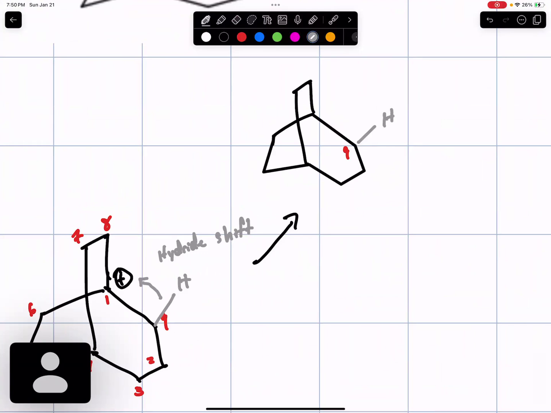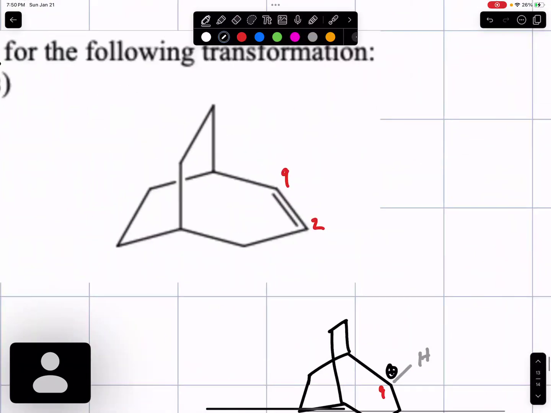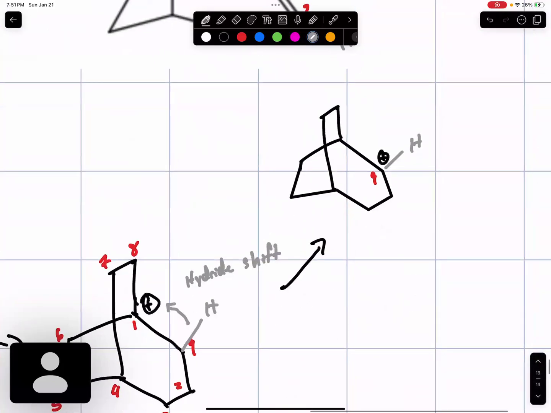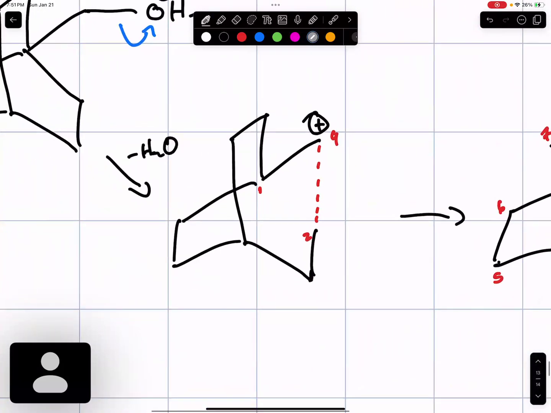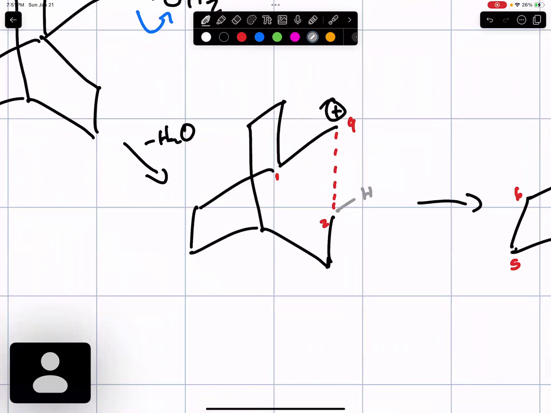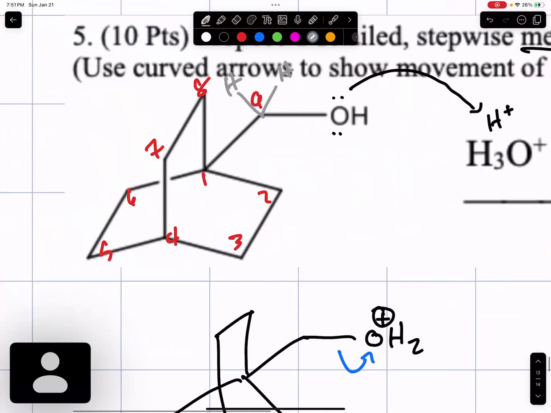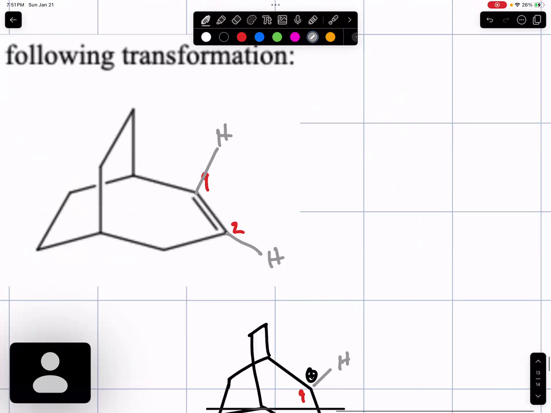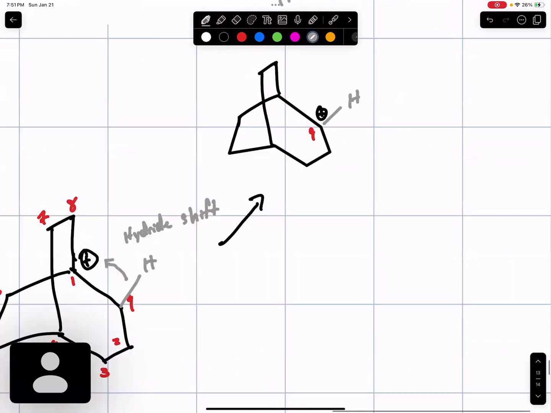And if you look at our product, there are 2 implied hydrogens. There's 1 implied hydrogen here on 9, and 1 implied hydrogen here at number 2. But 2 technically had those 2 hydrogens. Remember, I was showing you earlier, 2 still has those implied hydrogens, but now it has only 1 hydrogen because it formed an alkene.